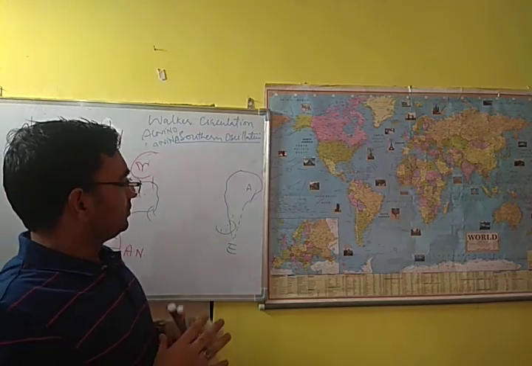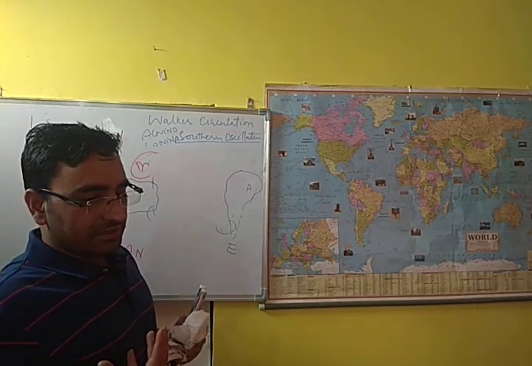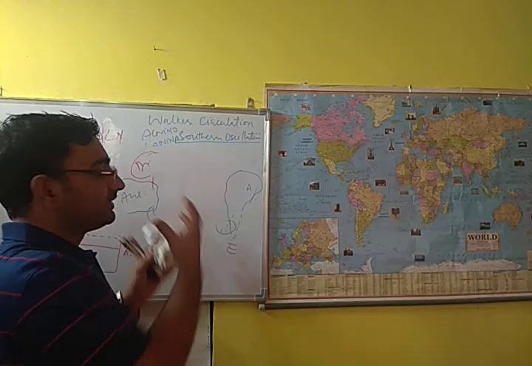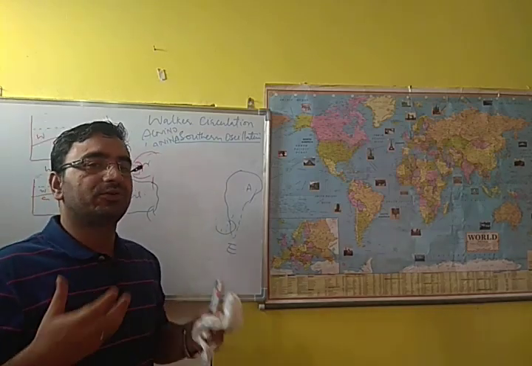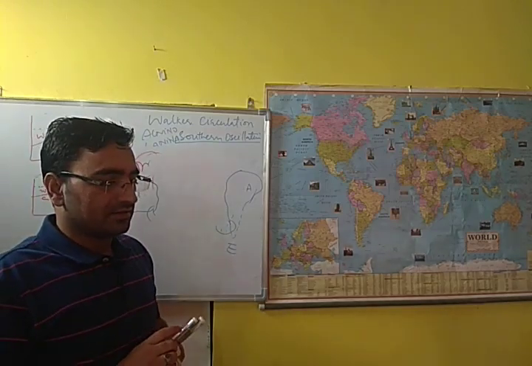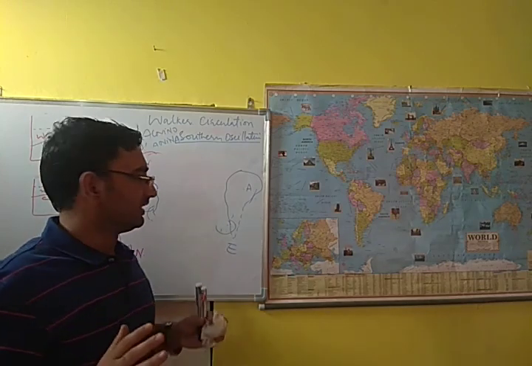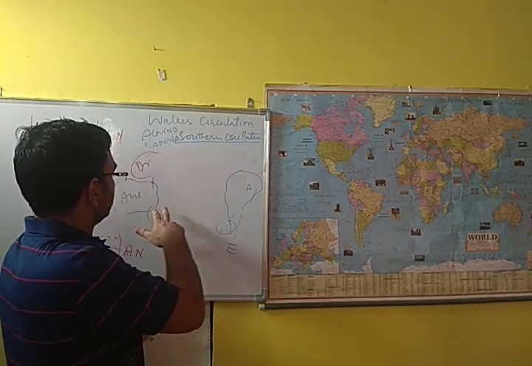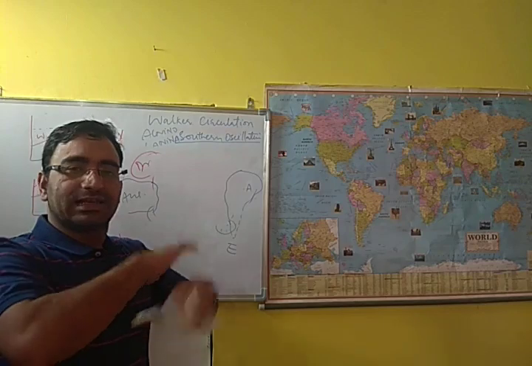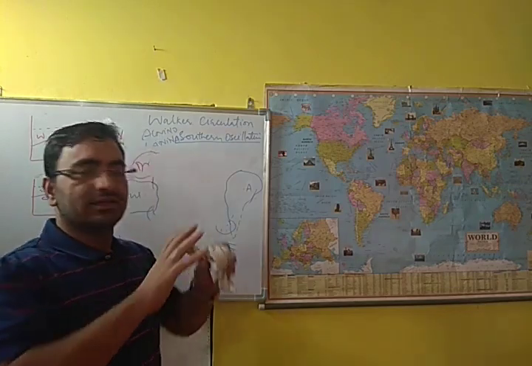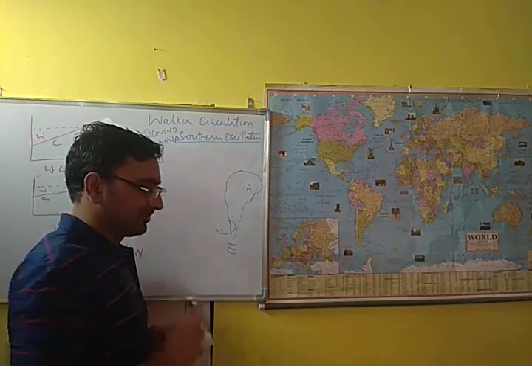Now what we need to remember is that this reversal actually takes place after every 2, 3 or 4 years, and then it keeps on coming in the news because it changes the entire climate of the globe. It has an impact on the entire globe, not only on the Pacific.